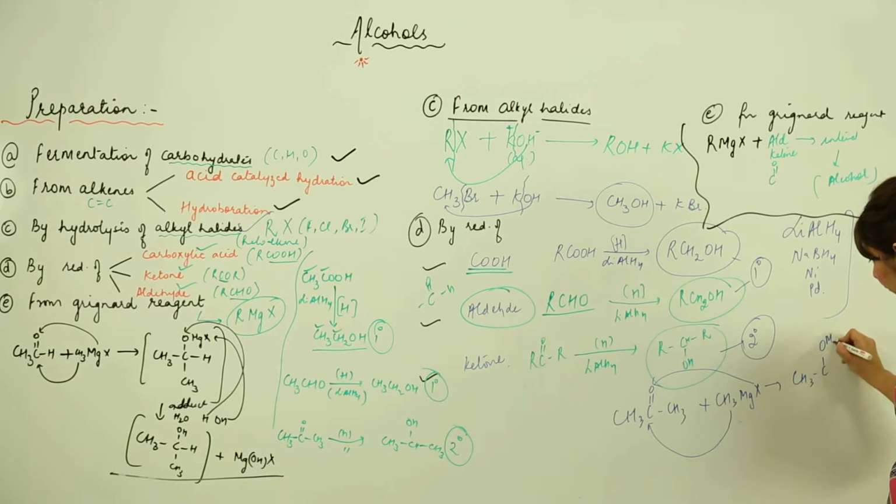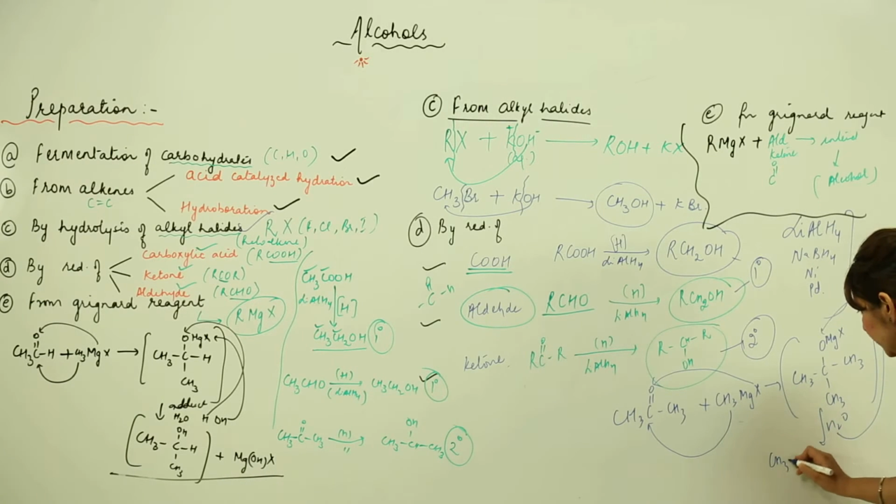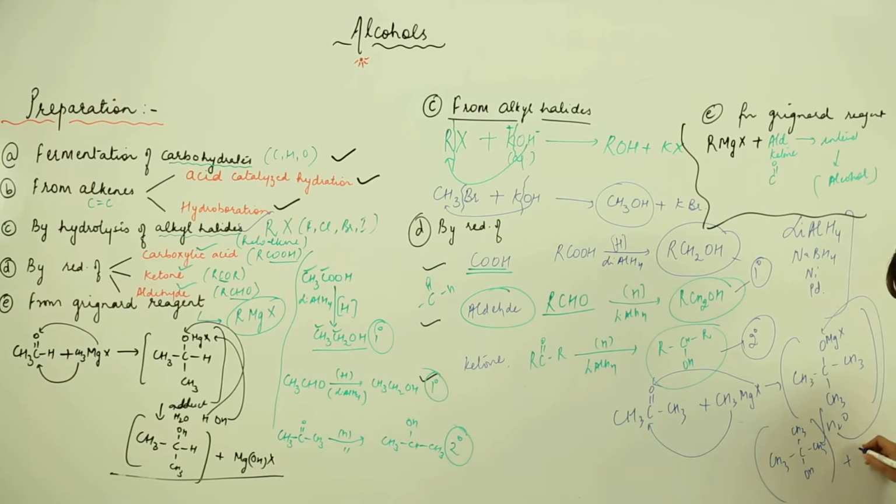The bond becomes single, CH3, and here is CH3. Now we are going to break it by adding water, as I told you, H and OH, and H is going to attach here and OH with this. So what do you get after that? This, and this becomes MgOHX. So this is our alcohol.